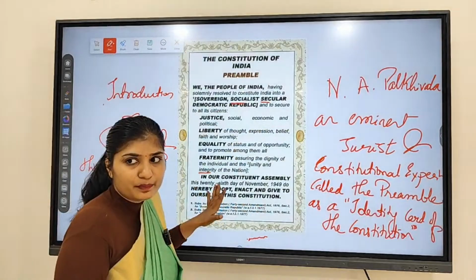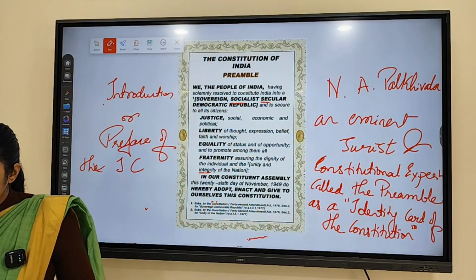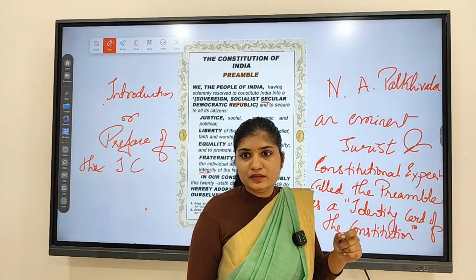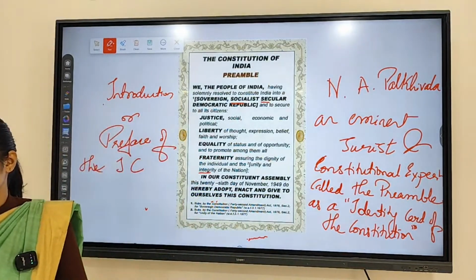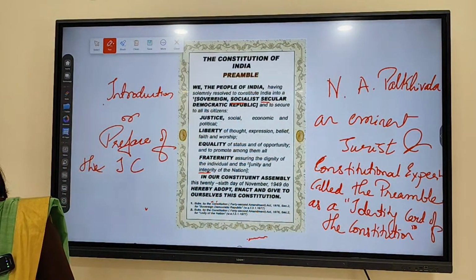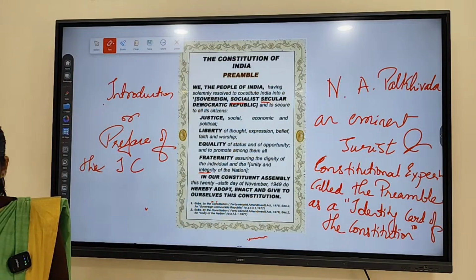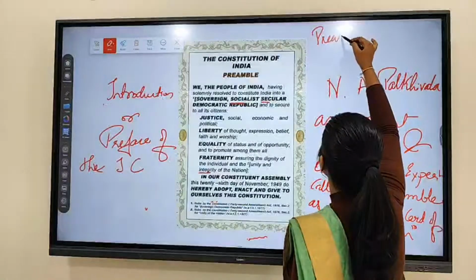As I told you, the preamble was amended once. Through which constitutional amendment act was it amended? The 42nd Constitutional Amendment Act in 1976. Write down that.